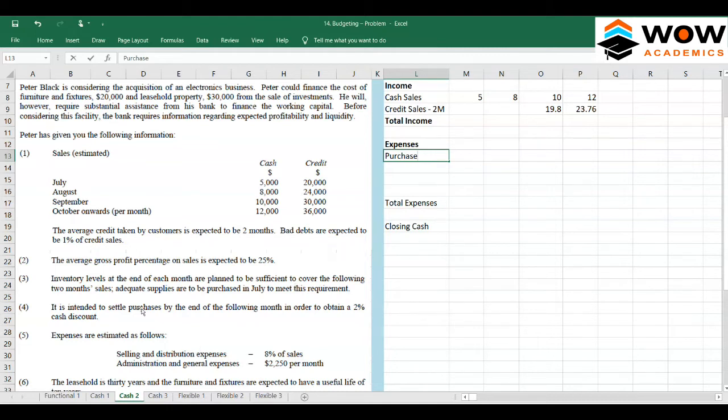Purchases will be paid in 1 month's time. So I think we can't directly work it out. We have to put a working note for it. Working note 1, purchases.